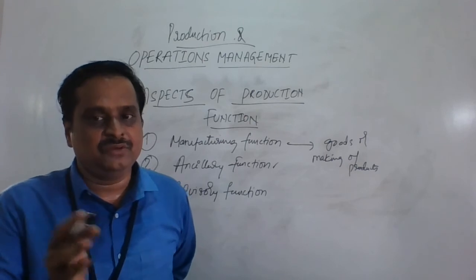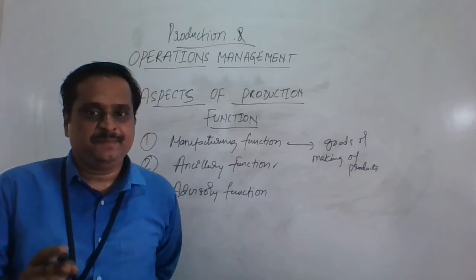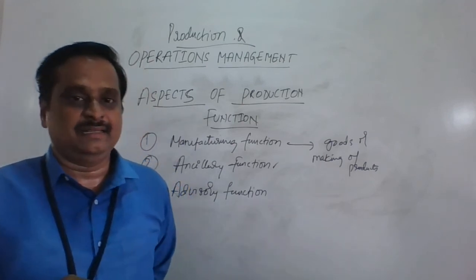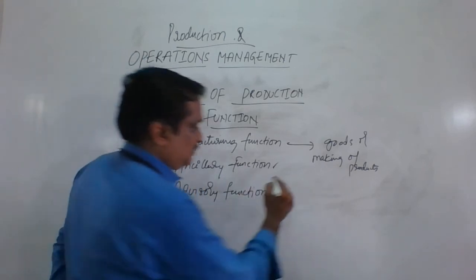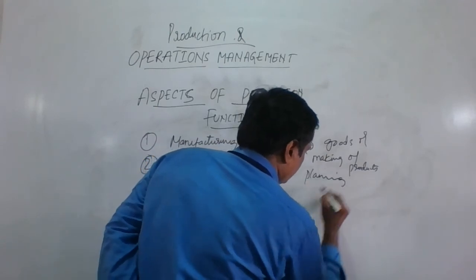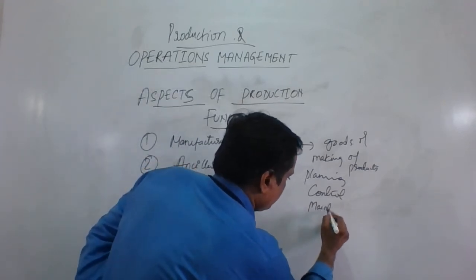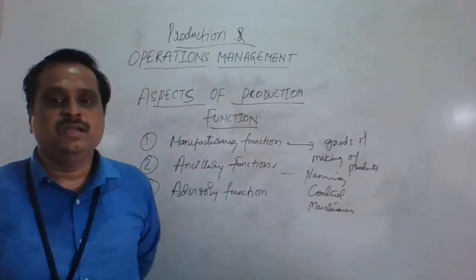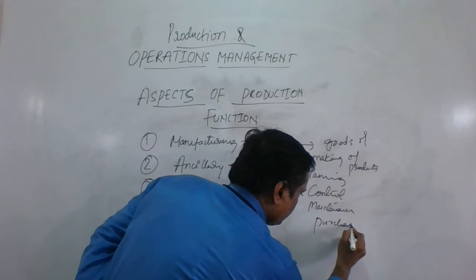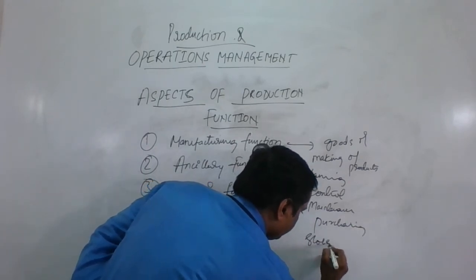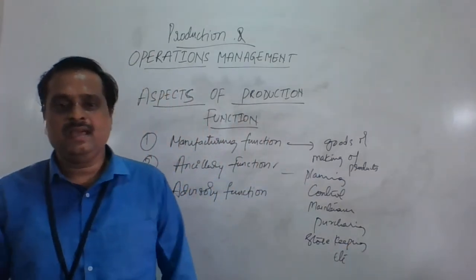The main functions related to production are production planning, production control, maintenance, purchasing, storekeeping, material handling, etc. These come under the ancillary functions.